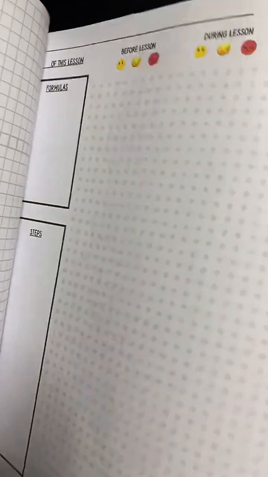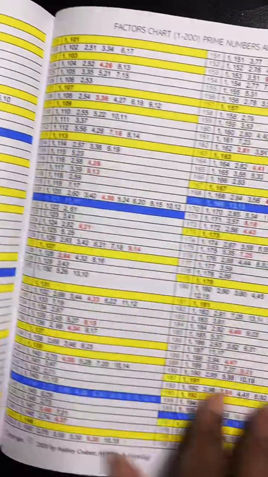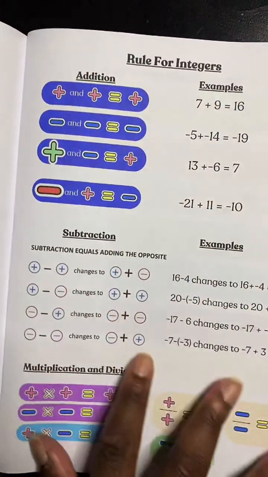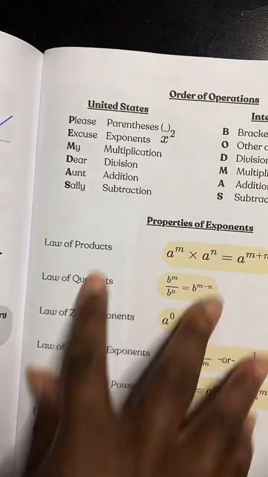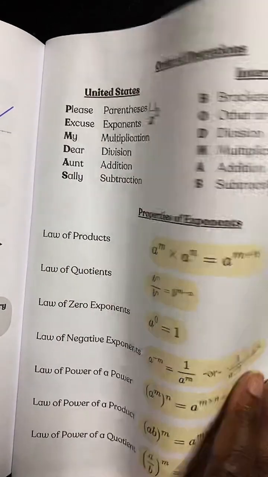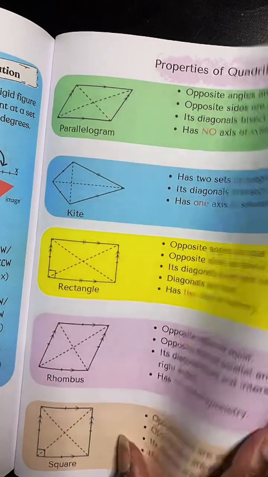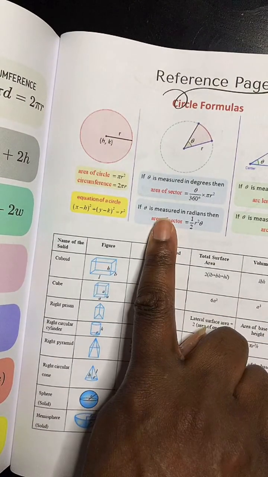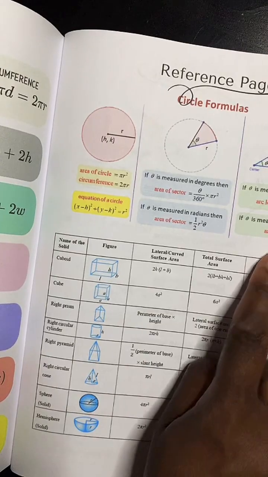It's not only just places for you to do your notes, it also has reference sheets. So here's a factor sheet from 1 to 200. Here's the rules of integers that a lot of people tend to forget. Here's your order of operations and properties of exponents that it seems like a lot of people forget. Properties of quadrilaterals, as well as your arc sector, area of a sector, arc length.